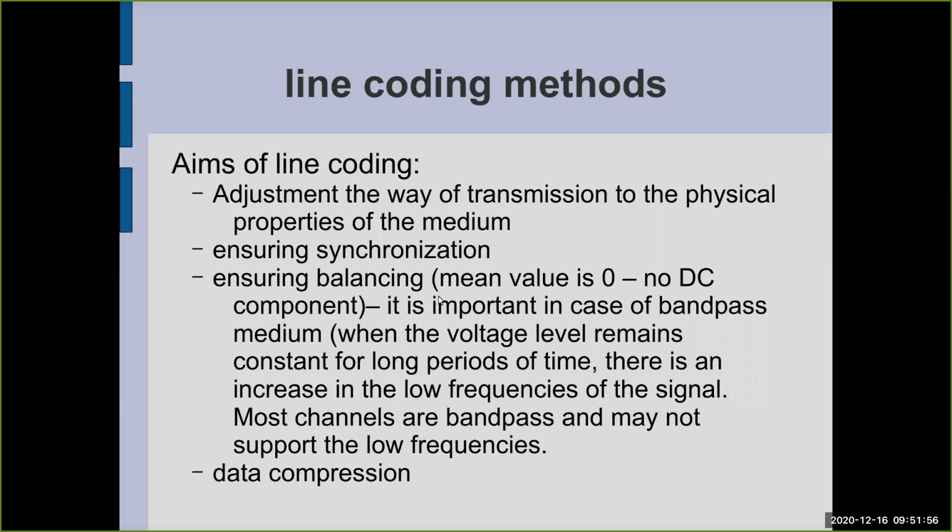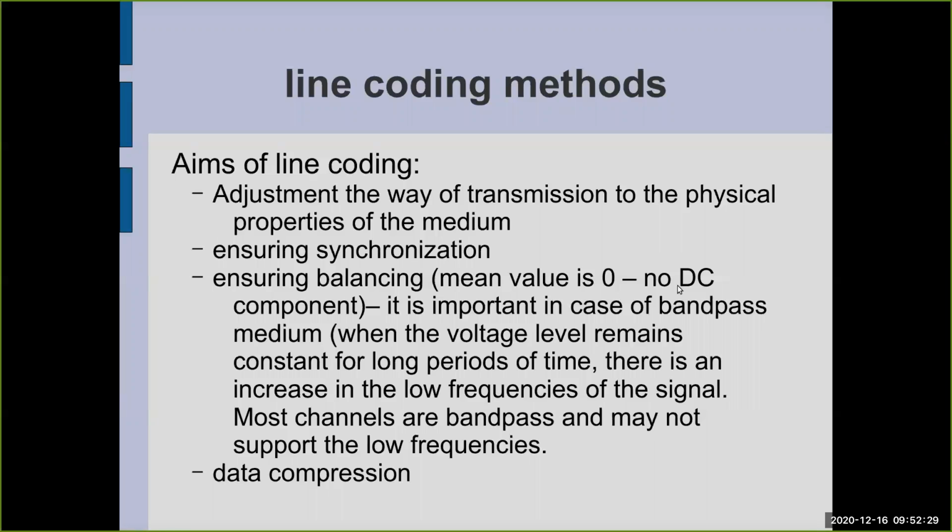The third is balancing. For some media, there is a requirement of signal balancing. It means that the average value over a certain period of time should be 0, so there shouldn't be a DC component in the signal.